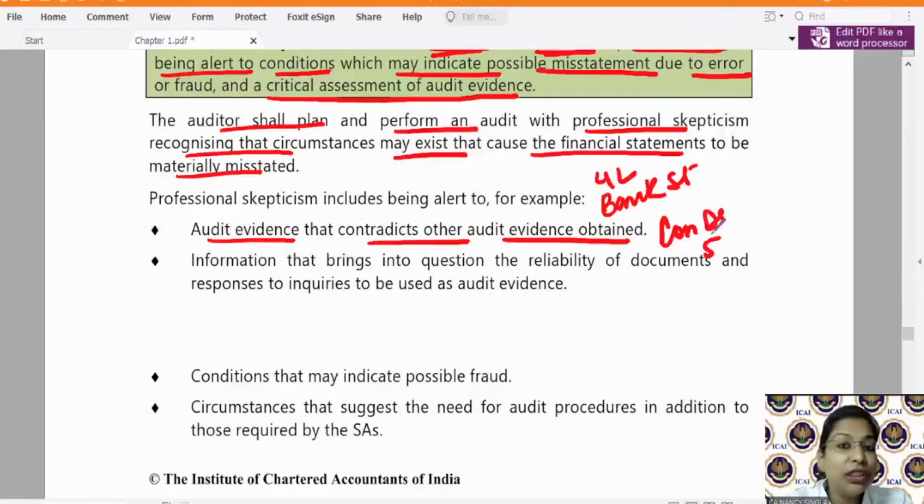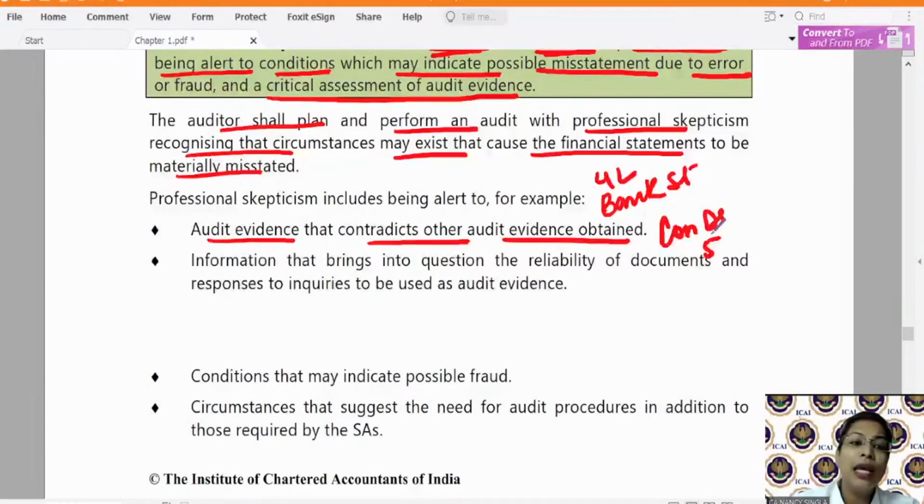So now, do not just ignore it thinking a mistake must have happened. No. Be alert. This is a condition that is indicating possible misstatement. That misstatement might be there, whether due to fraud or error. It might be possible that the debtor had by mistake written 5 lakhs instead of 4 lakhs. Or the debtor has some intentions of fraud, or the client and the debtor are colluding to commit any fraud.